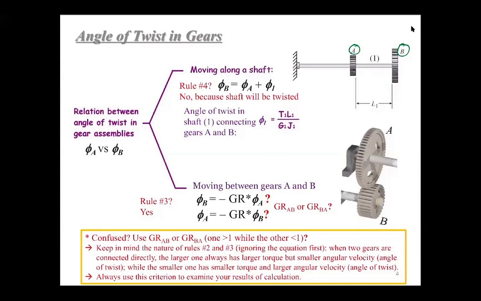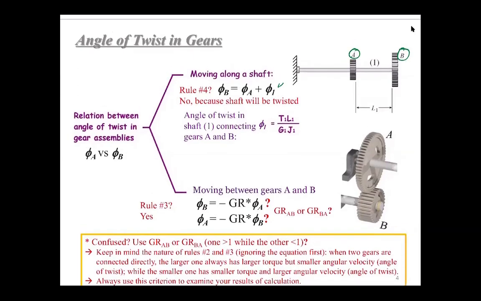Right, this omega A equals omega B, but phi B doesn't equal phi A. They have a difference, which is just right here, the phi 1. Because they are connected through this shaft 1, this shaft 1 will be twisted.